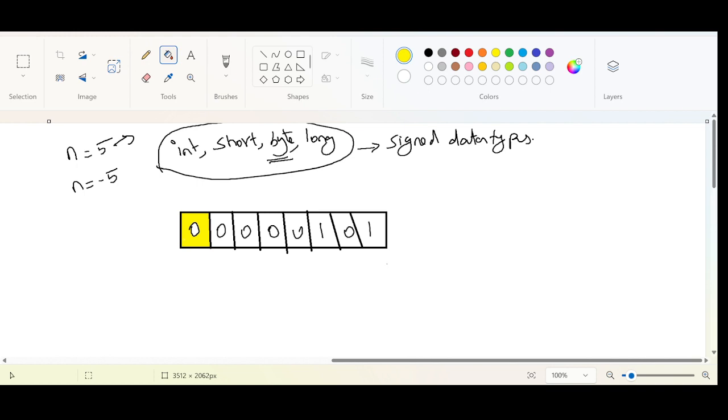This particular bit is reserved for the sign.